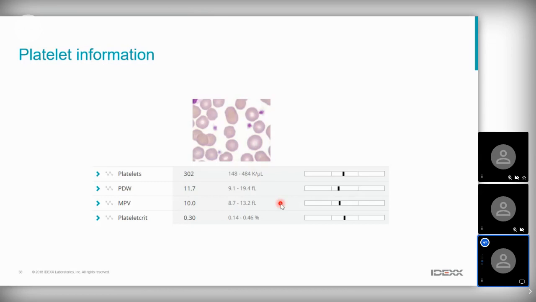Then we have the platelet information here. The platelet information that we get in our thrombocytogram in the IDEXX CBC: we get the platelets, the PDW, the MPV, and the plateletcrit. Most of the veterinarians are mostly concerned with thrombocytopenia, which may cause bleeding, but we have some additional values as well because the platelets are very dramatic.